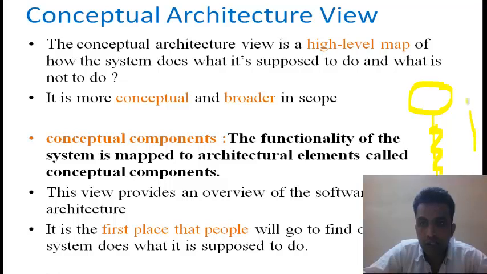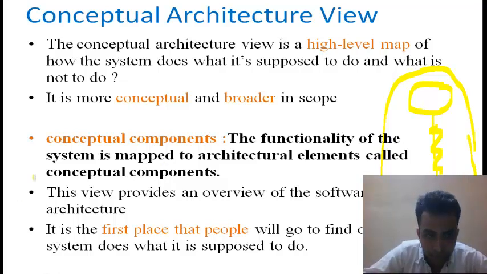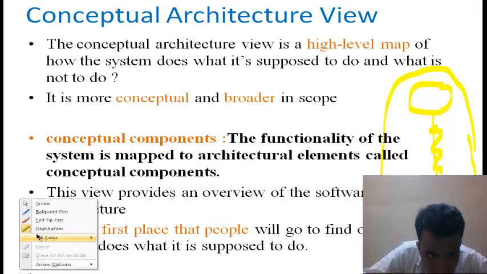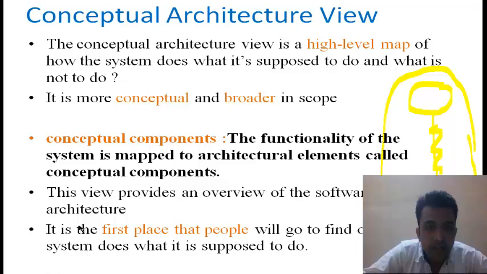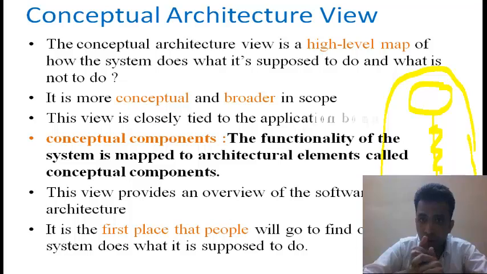Whatever structure is formed is called the conceptual components. So this view provides an overview of the software architecture, and it is the first place that people will go to find out how the system works and what it is supposed to do. That's why this view is closely tied to the application domain.